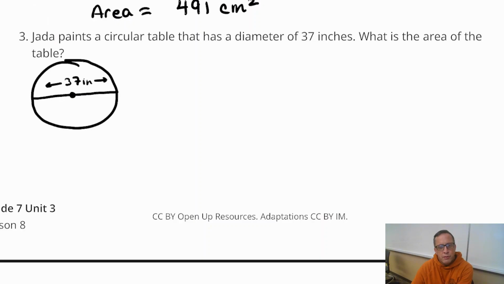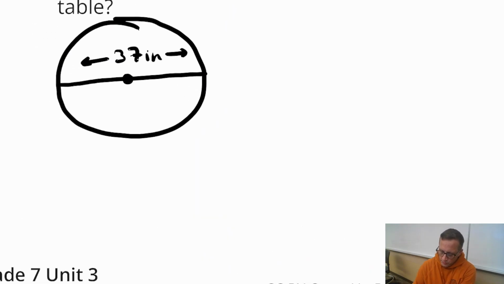So half of 37 is going to be, that's going to be what, 18 and a half? 18 and a half? So that's going to be 18.5, what is it, inches for that one? Yeah.